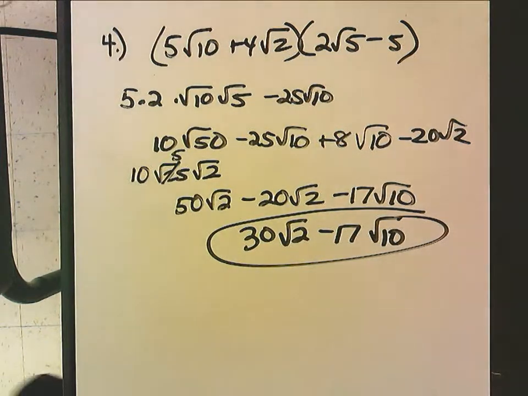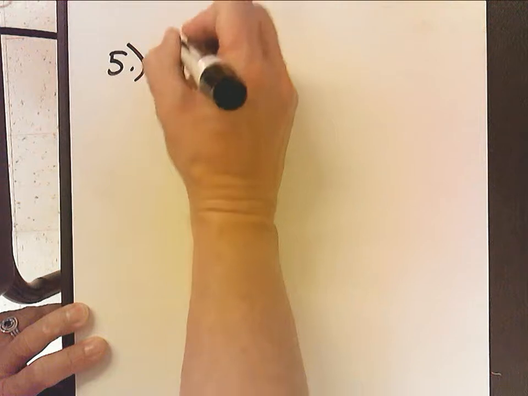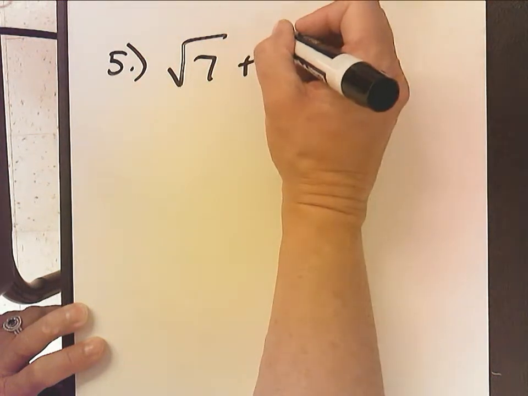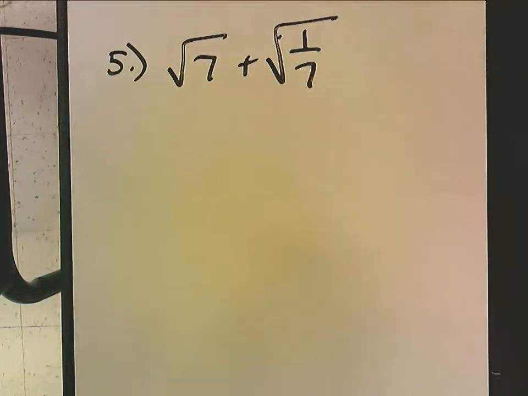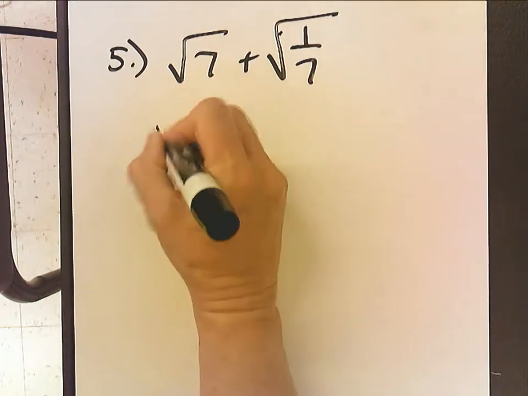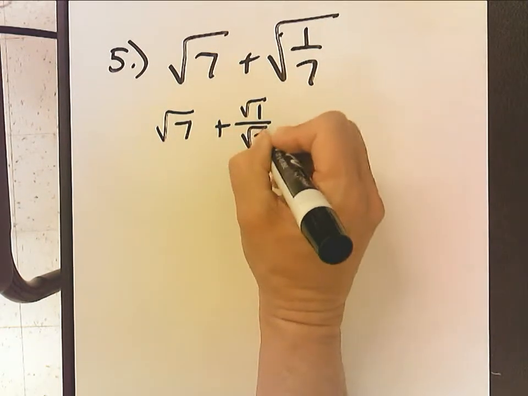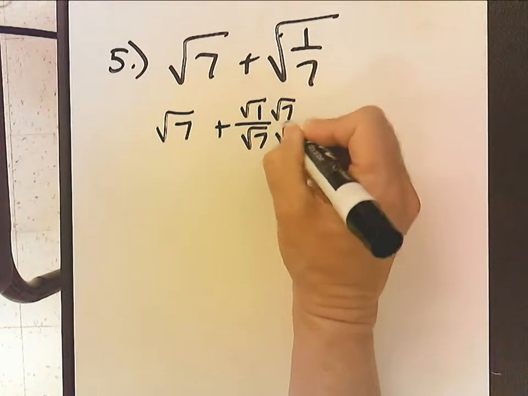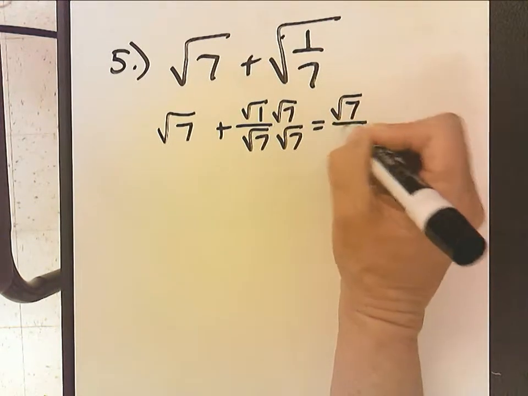Okay. Now, number 5 is similar to those that we've done in class. The first thing I'm going to do, this is simplified, this is not. I can write this as root 1 over root 7, and then rationalize it by multiplying by root 7 over root 7, and I get root 7 over 7.